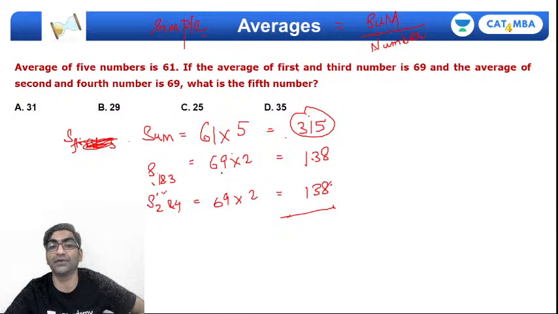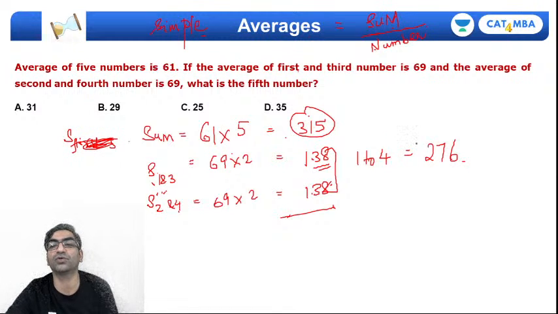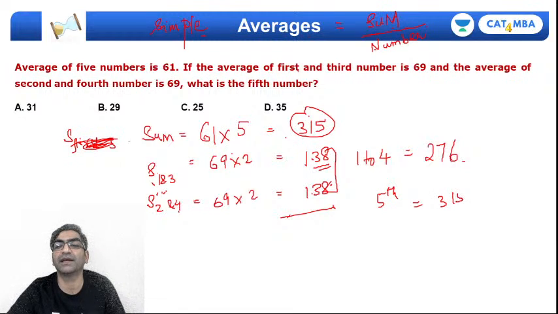So we want the fifth number. You have the sum of the first four numbers together: 138 and 138, that's 276, right? Out of 315, the total 276 is the sum of the first 4 numbers. So the fifth number should be 315 minus 276.